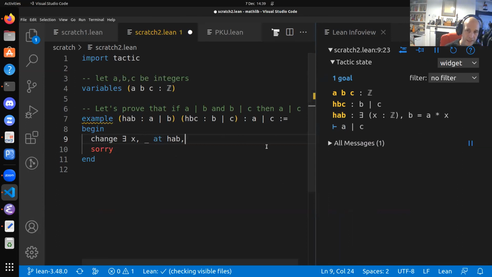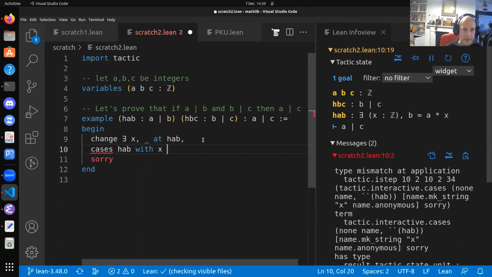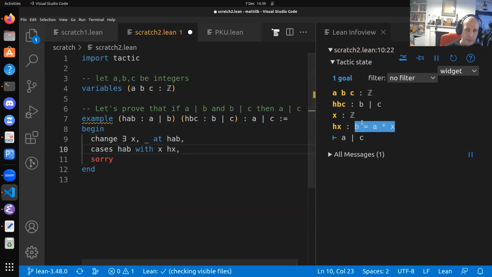We know this x exists, so we want to get our hands on it. We can do that with cases HAB with x hx. Now you see the brain has changed again. Now we have an integer x, and a hypothesis that b is a times x.